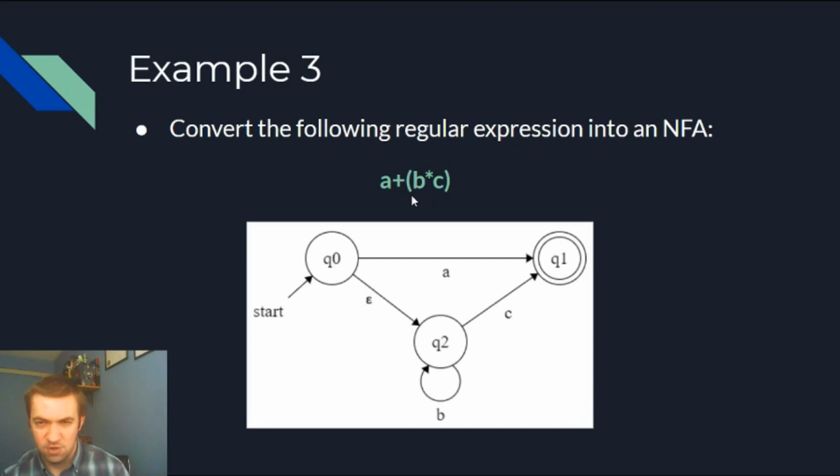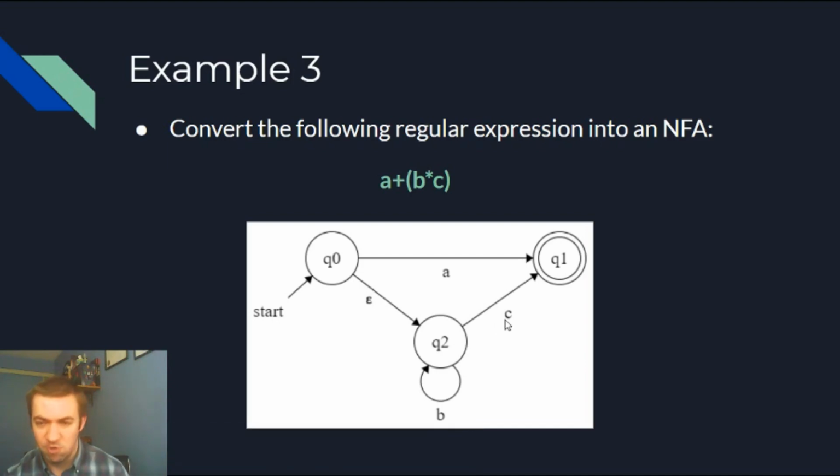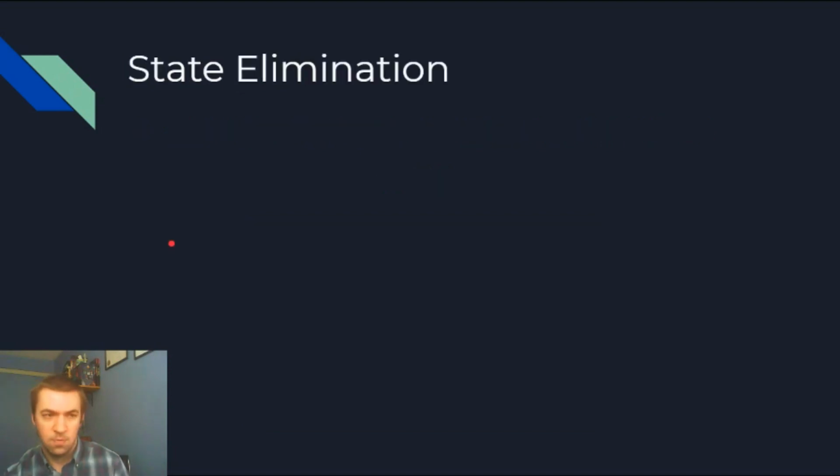Now, looking at just B star C, we can look at however many B's we want to have, and we can stay in a state where we continue to accept them until we finally reach either a character that's not permitted or we reach the character C. Once you reach the character C, this should take us to an accepting state where we've matched the expression, and any other characters involved would not match.